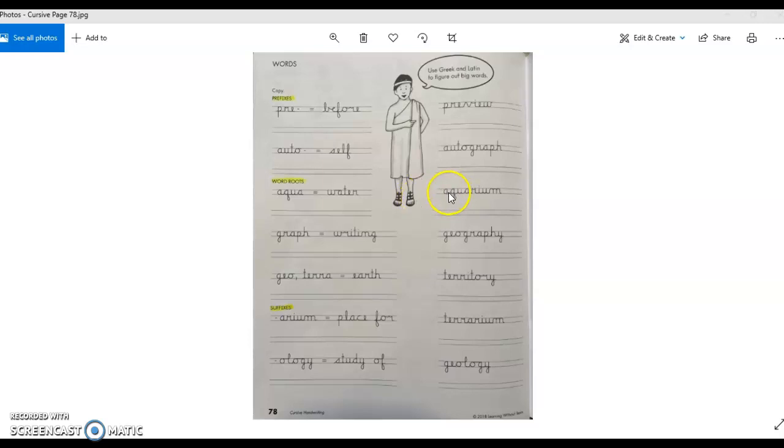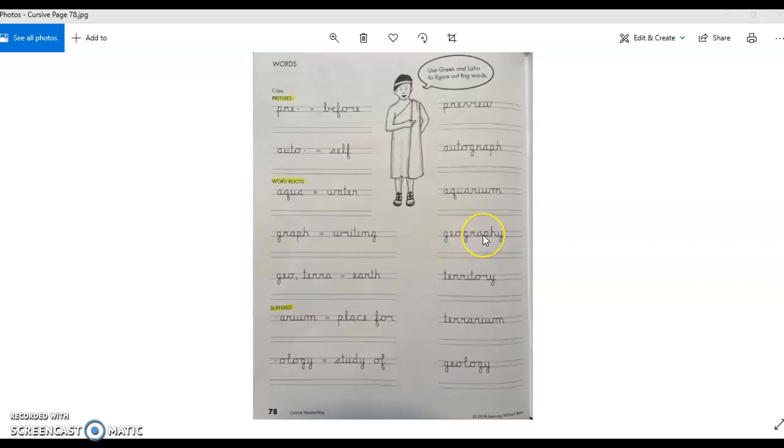So here we've got aqua, water, arium, which is place for water. It would be a place for living things that need water, aquarium. Here we've got geo, which is earth, graphy, which is writing. Writing about the earth.